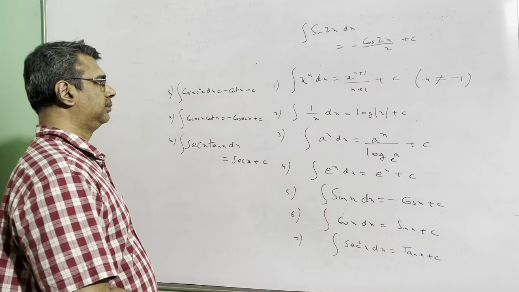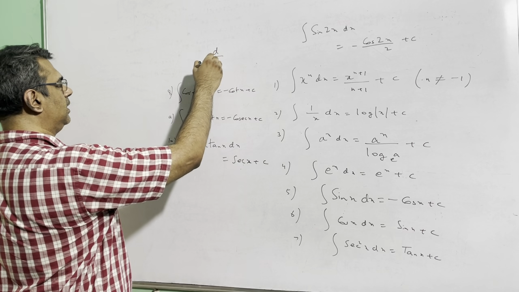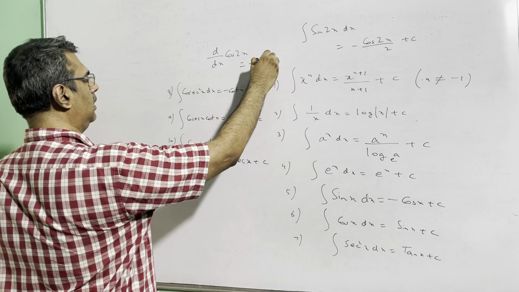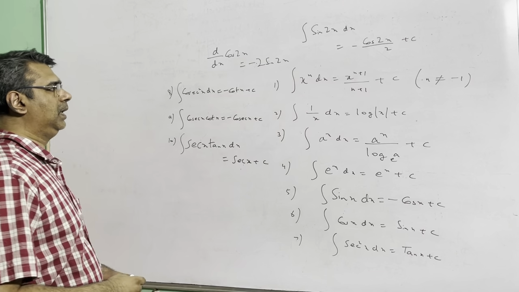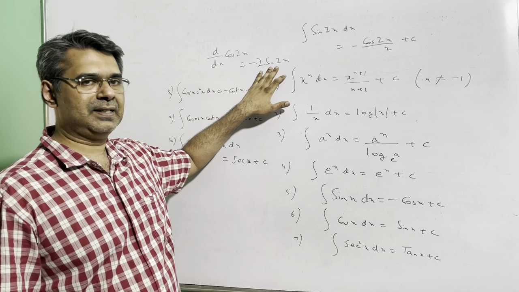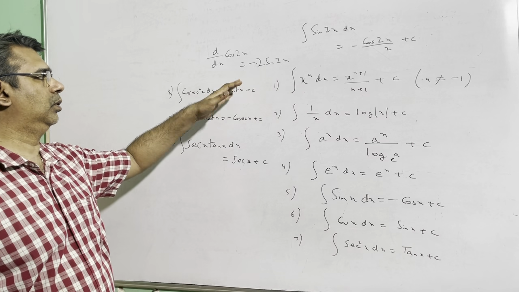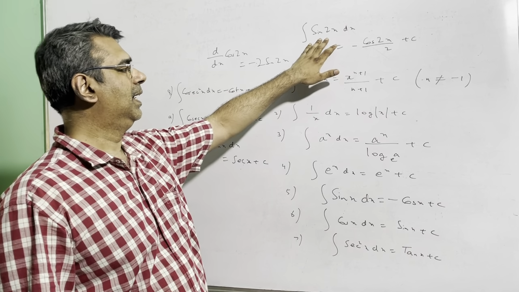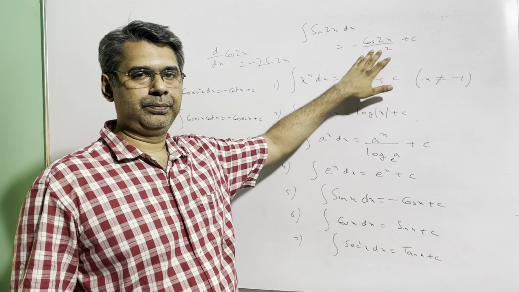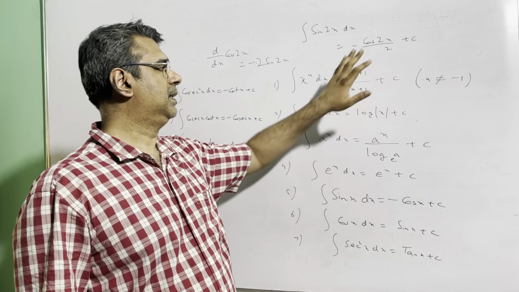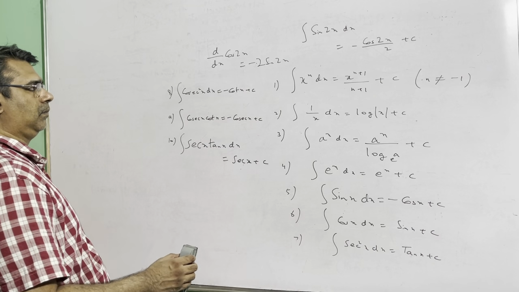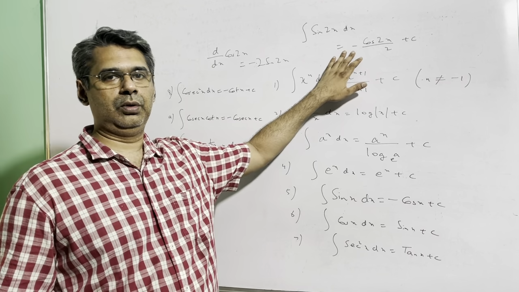For example, if you were asked dy dx of cos 2x, then you will multiply the answer with a 2. That is, the derivative of cos 2x is minus sin 2x, but you will multiply it with a 2. Why? Because of chain rule. So when you are doing integration sin 2x, the answer will be minus cos 2x by 2. So basically this is the formula of the reverse of chain rule differentiation.